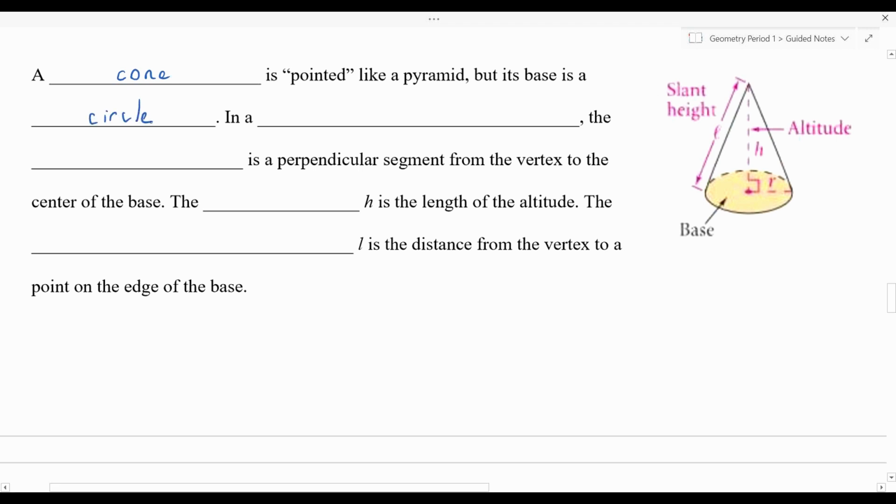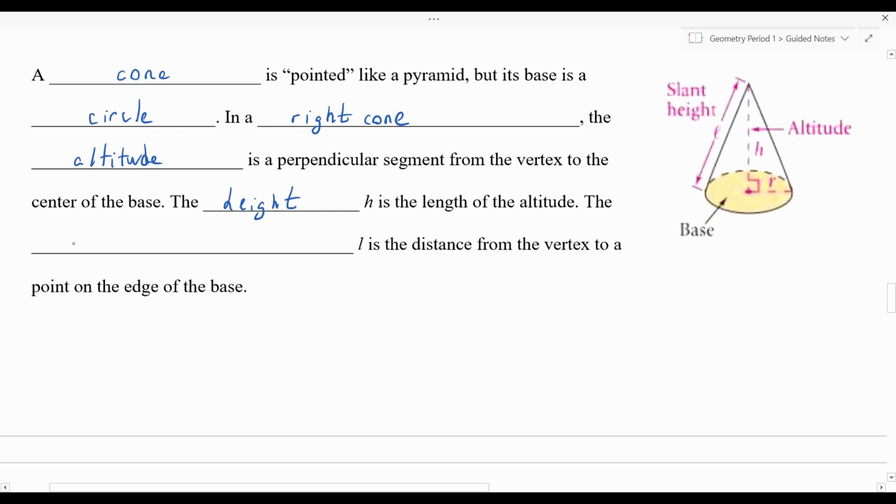In a right cone, the altitude is a perpendicular segment from the vertex to the center of the base. The height, denoted by h, is the length of the altitude.